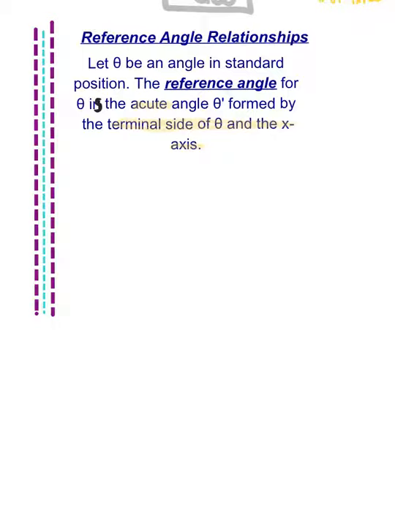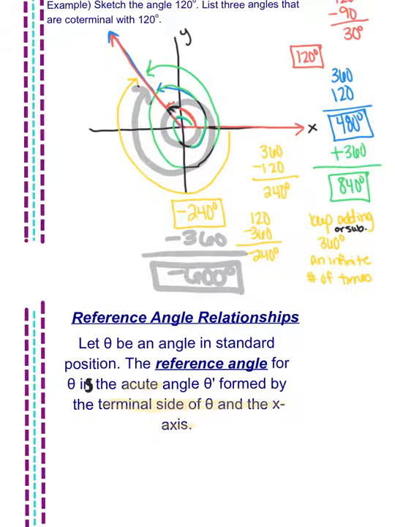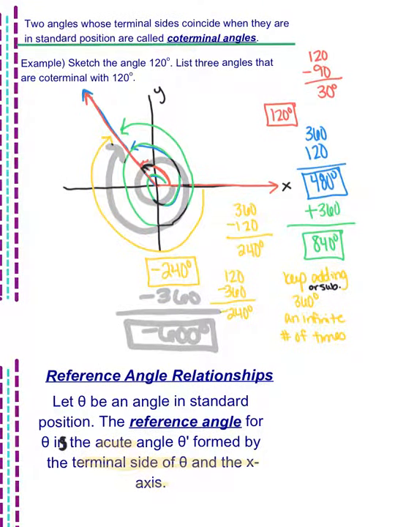So I have a figure to that example actually. So back to our figure up here, because what I want to point out is that all of these angles have the same terminal side, meaning they have the same reference angle. This right here would be my reference angle. And that reference angle will always be 60 degrees.